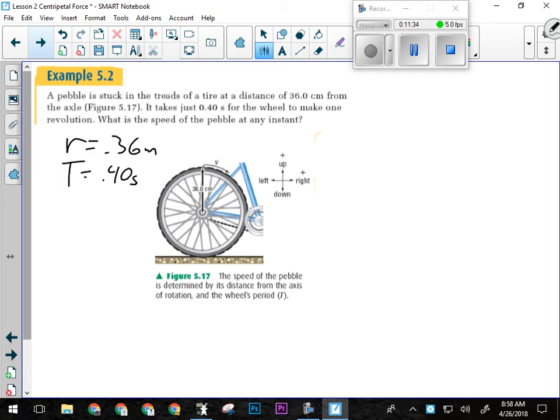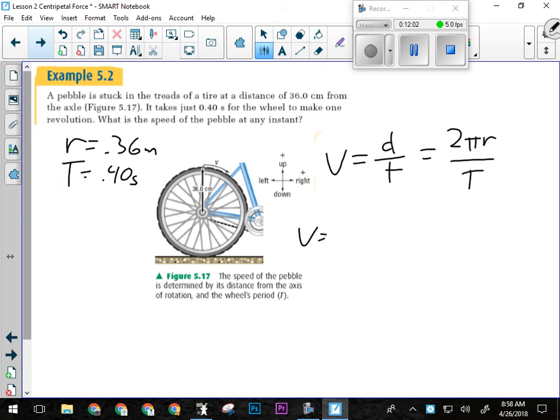Can I find speed with that information? First day we went over a formula that would help us calculate speed, except that this is a circle, so the distance is the circumference of the circle, which means that this formula became 2 pi times r over t. Do I have that information?